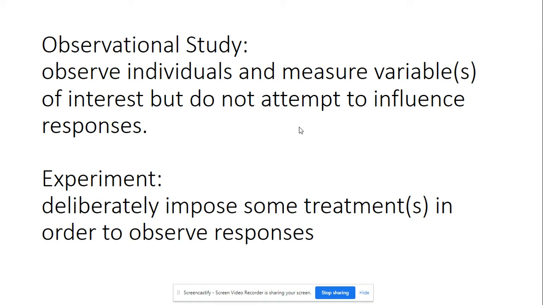And I'm going to shorthand most of this. So because of observational study, I want you to write observe, but do not attempt to influence responses. So observational study, we observe, but do not attempt to influence responses.